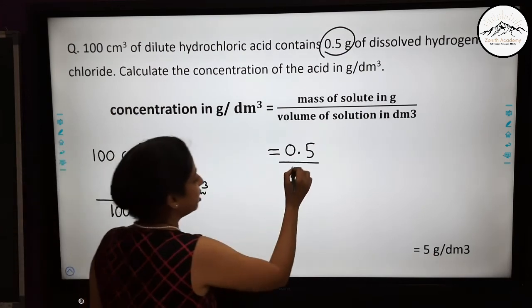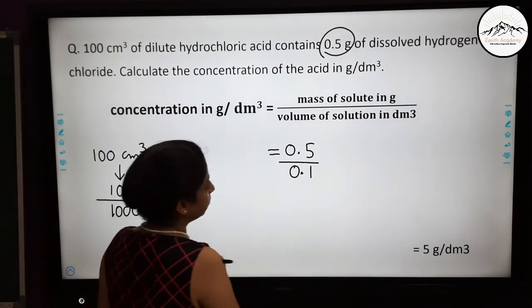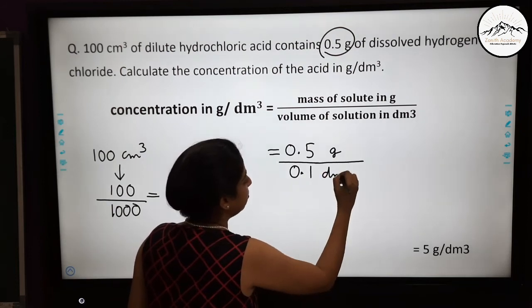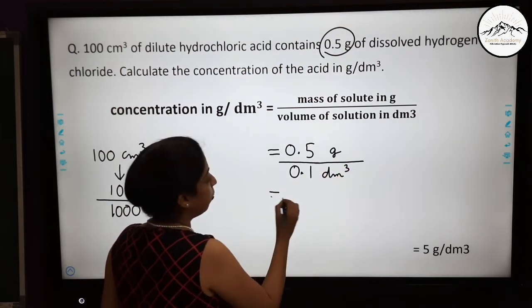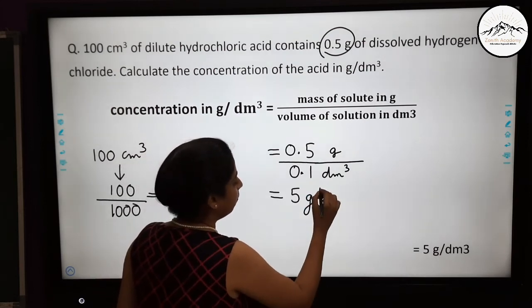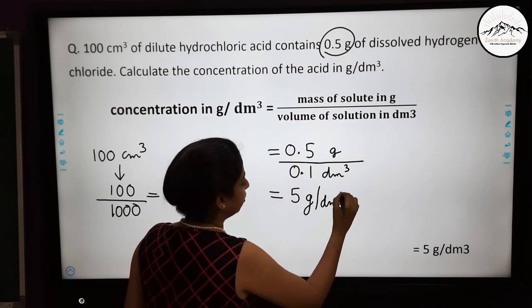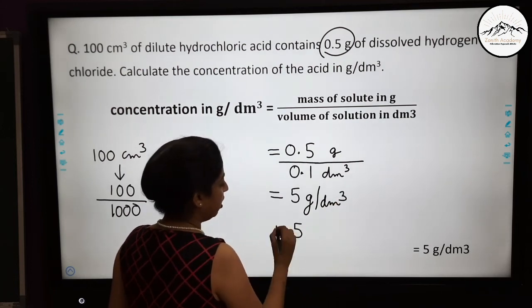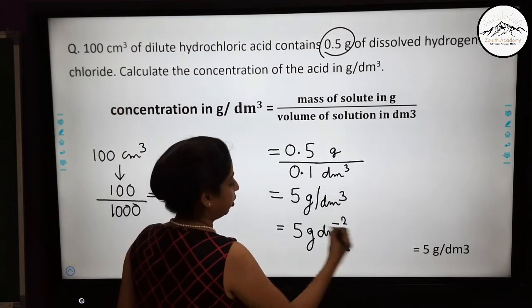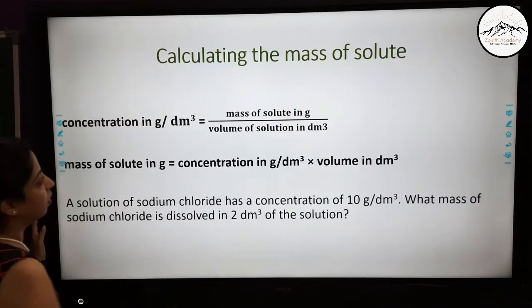So we will write 0.1 here. This is in grams and this is in decimeter cube. So 0.5 upon 0.1 becomes 5 gram per decimeter cube.